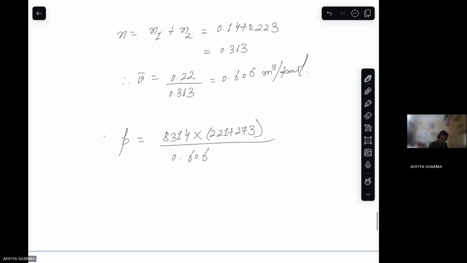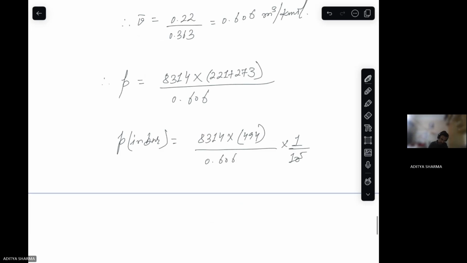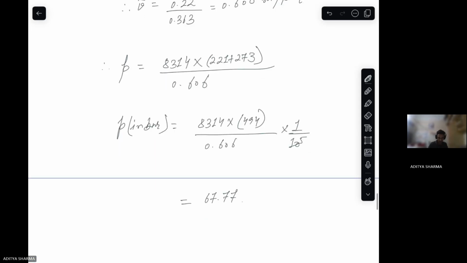But now if we want this in bars, what we can do is multiply the whole thing by 10 to the power 5. So if we solve this, this comes out to be 67.77 bar.